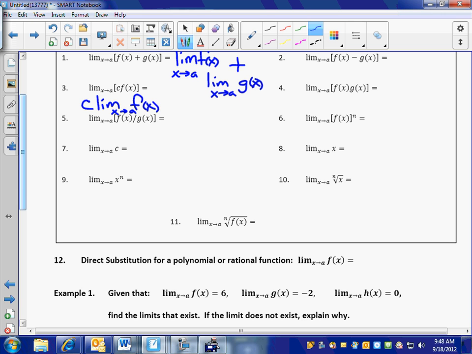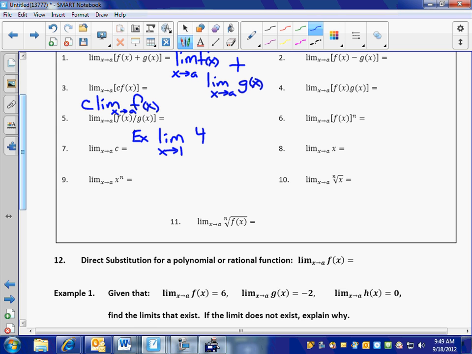So dividing, you kind of get the idea. Taking to a power, you get the idea. This is something we should look at, though. I want to write an example right here. The limit as, say, x approaches 1 of 4. Think of the function f of x equals 4. What kind of graph is that?